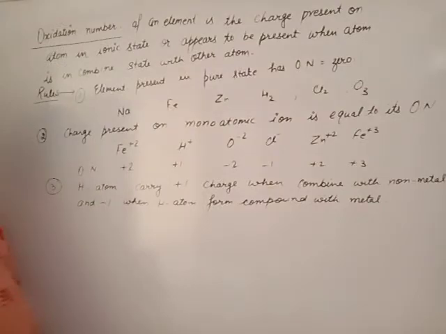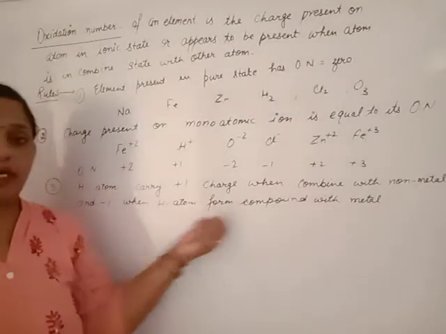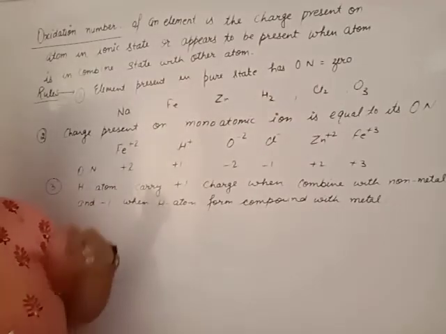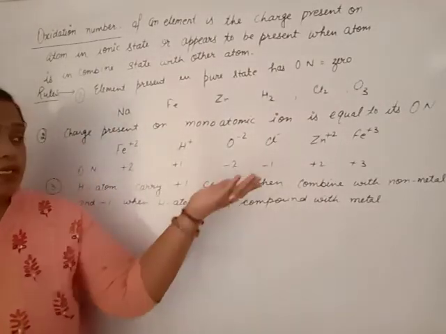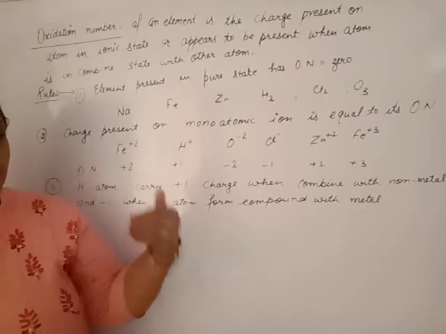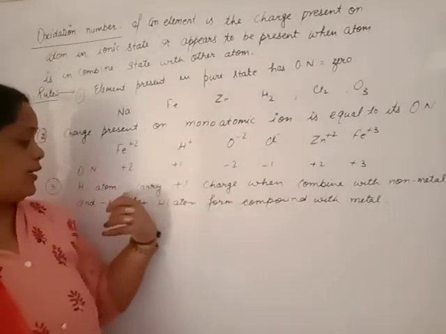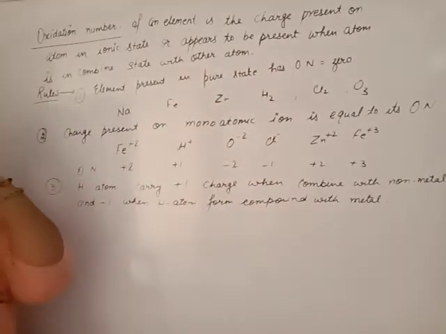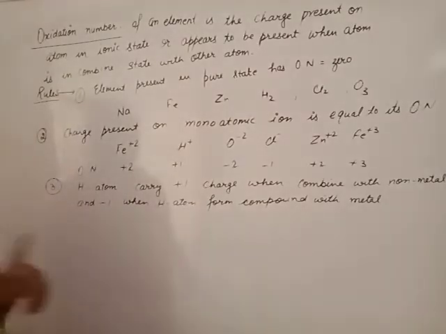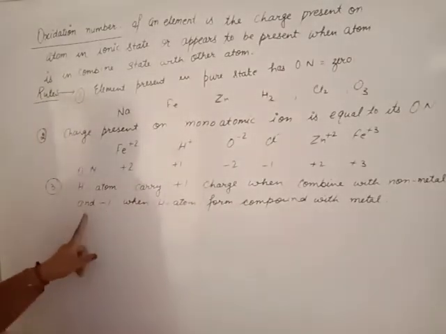Metal always has the tendency to lose electrons, never gain. So metal loses electrons and hydrogen gains the electron. But non-metals are more electronegative than hydrogen, so non-metal gains the electron and hydrogen loses it. Due to loss of electron it carries positive charge; due to gain of electron, hydrogen carries negative charge.